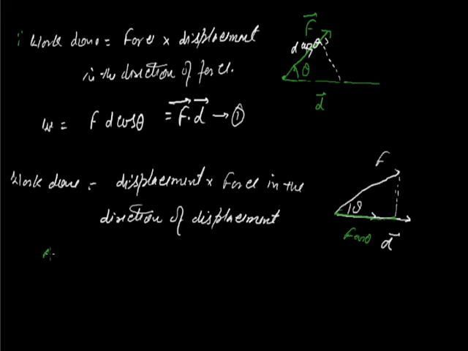So we can also write W, work done, is D into F cos theta, that's D dot F, number 2.